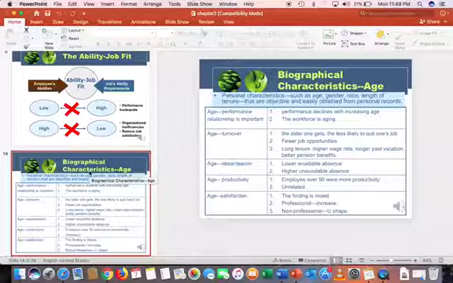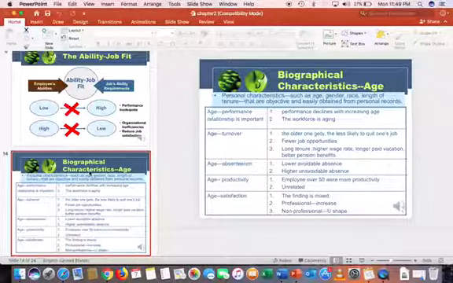We said before that there are personal factors which are used in individual behavior. So the first one is biographical characteristics, and here we will be discussing age, marital status, gender, religion, and some others.